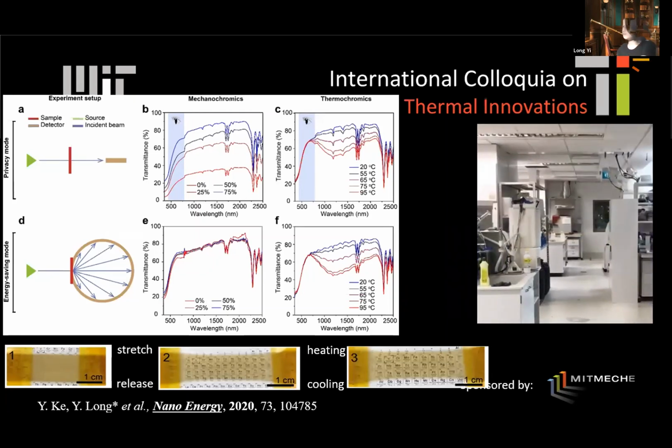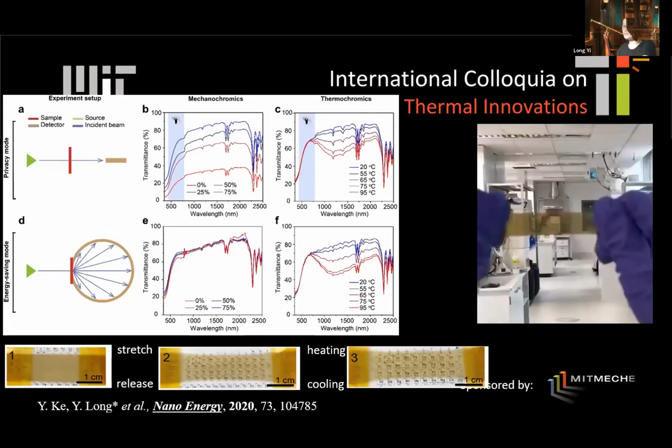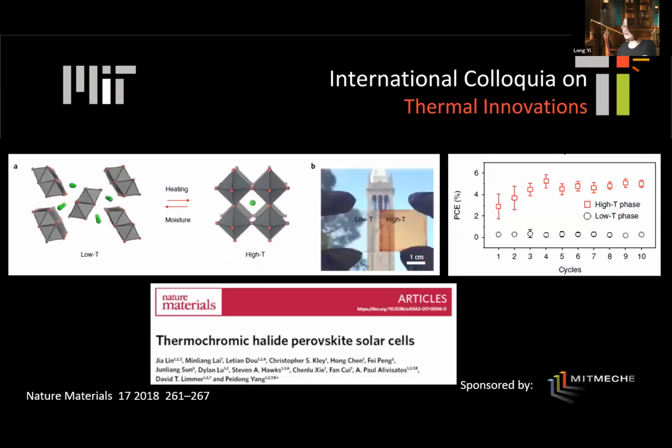Okay, so this is a very new paper, and there's also another paper by Professor Yang Peidong from UC Berkeley. He combined thermochromic with perovskite solar cells. Why did they do so?